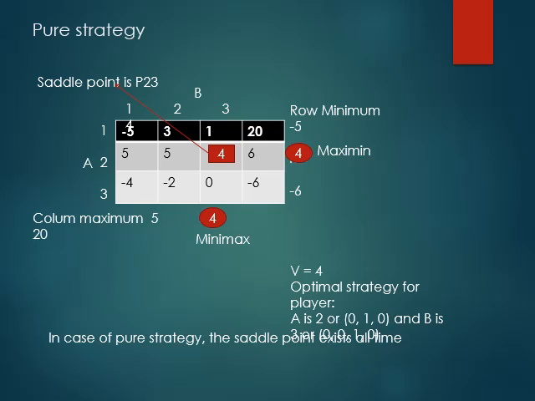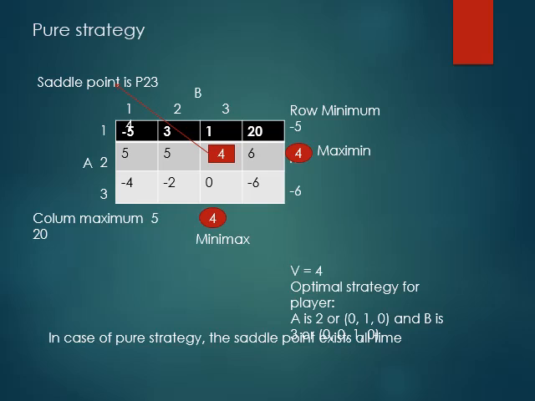The maximum of all these minimums is 4. 4 in this case is called maximin. Maximin, the maximum of the minimum. Okay. Now let's move to column maximum. Now we have 4 columns.